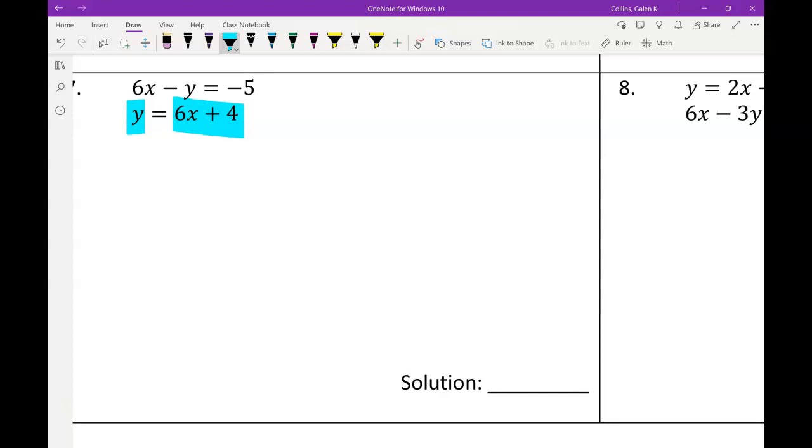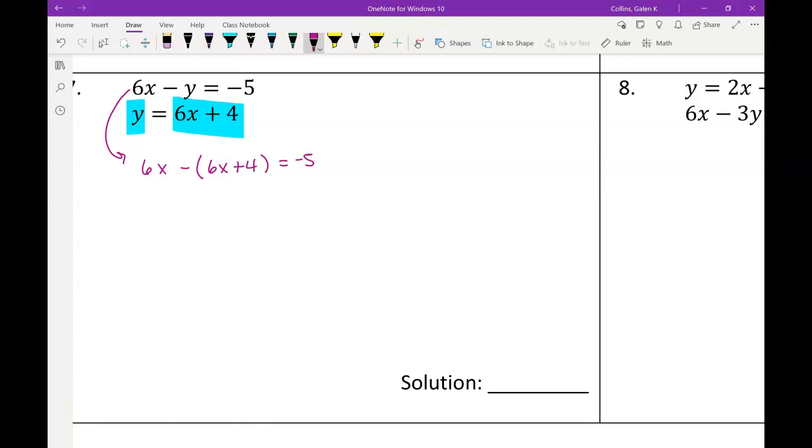So I know that in my other equation, I could substitute the expression 6x plus 4 for y. So let's try that. I'm rewriting this equation, except when I get to y, I'm not writing y there. I am substituting, remember the parentheses are really important, 6x plus 4 into that equation.